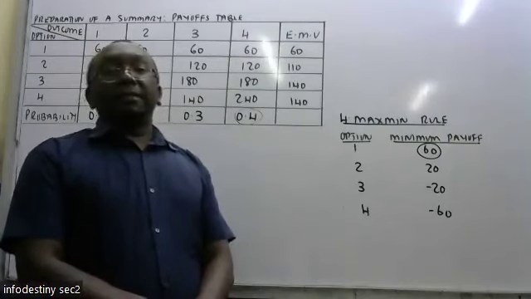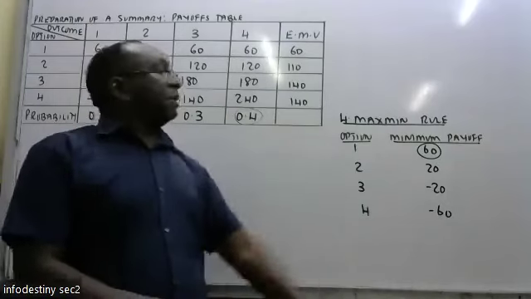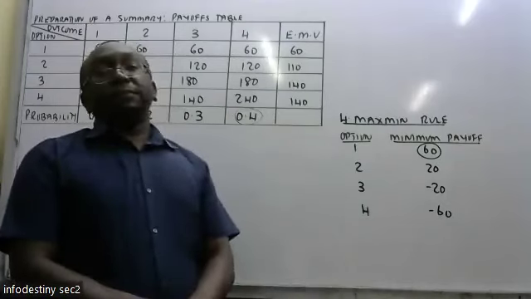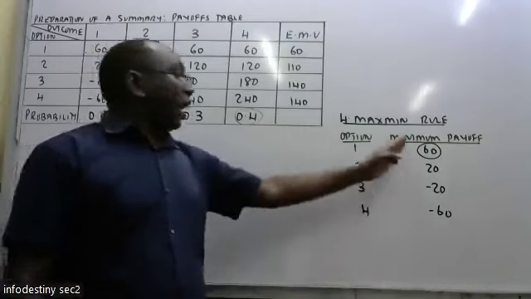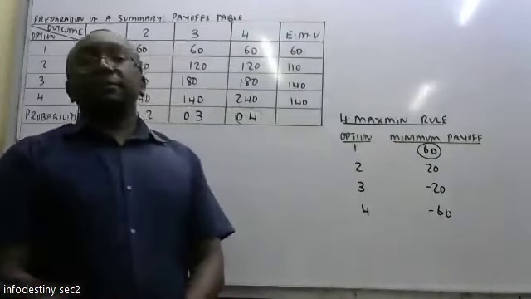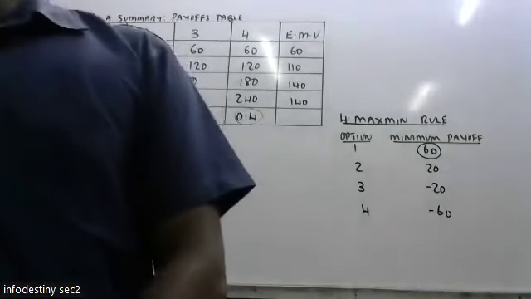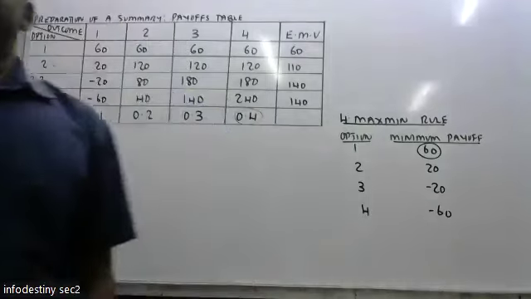What do you mean by maximum? Highest. What do you mean by minimum? So now give me the highest. Among these minimums, give me the max. The maximum of the minimums. Do you understand?